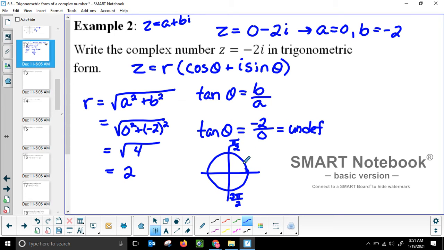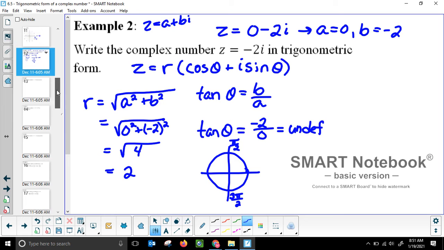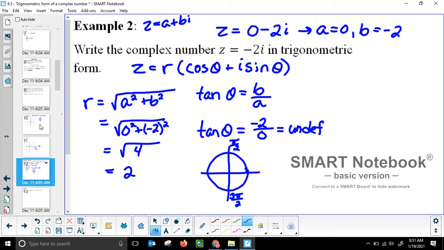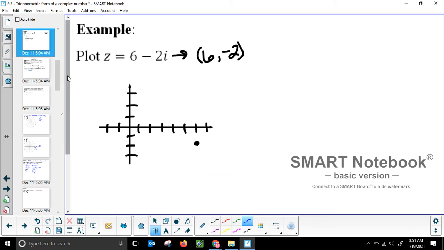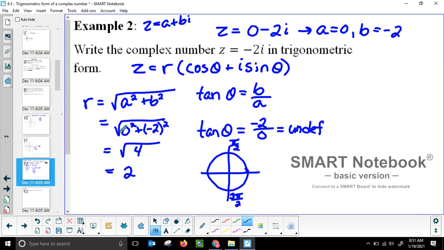But again, that's just from the unit circle. So now we need to determine which one of these it is going to be. Let's think about where this would be if we graphed it, just like when we were graphing these points up here. In standard form, where would this be if we're graphing it?